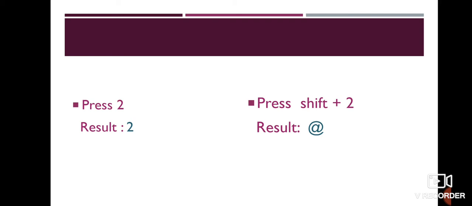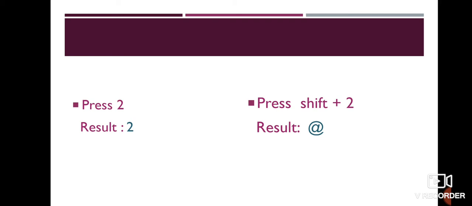On key 2, there are two things: one symbol on the top and the digit 2 down. Now if I press the 2 number key, then the computer will type 2. That means the result is 2.